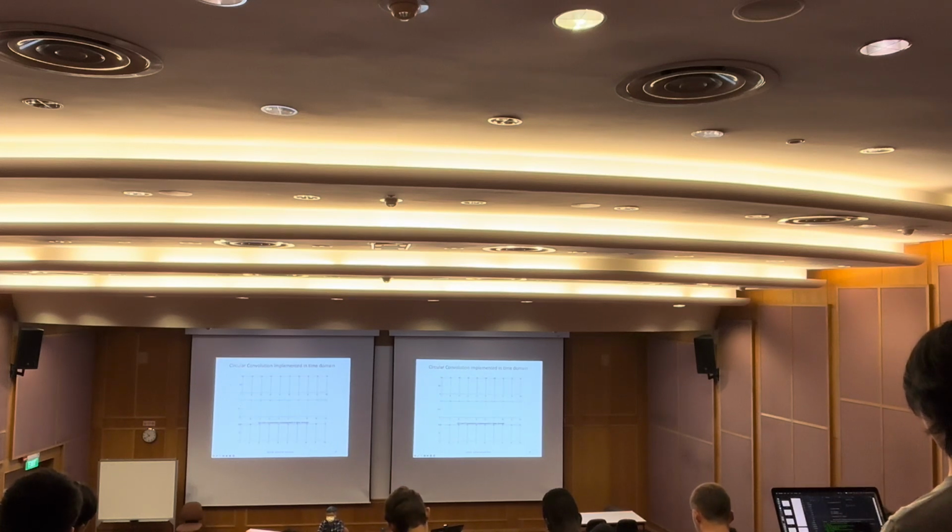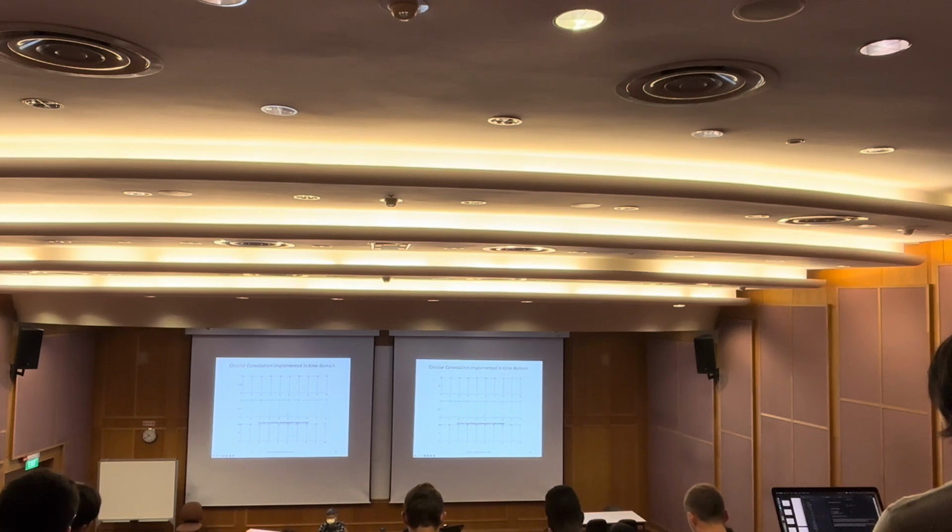Okay? Now, circular convolution implemented in the time domain: when you have an input of all ones and a filter of all ones, when you do circular convolution, you get an output of all ones also. Remember in the linear convolution case, when you have two rectangular functions, what kind of shape do you get?